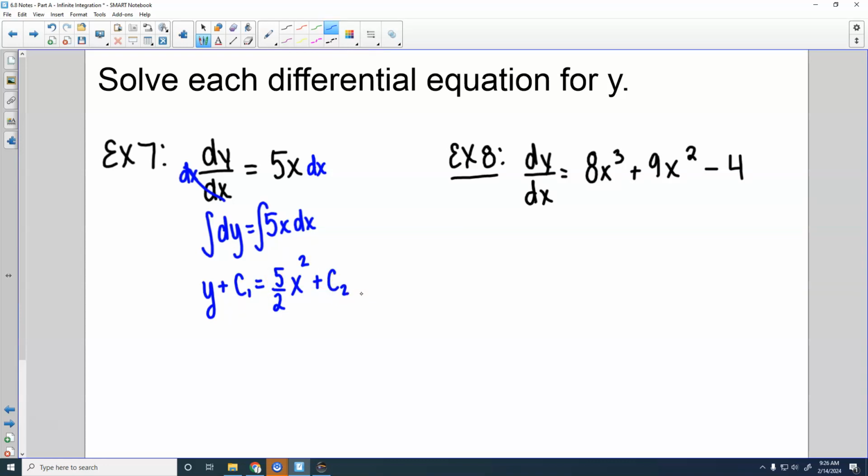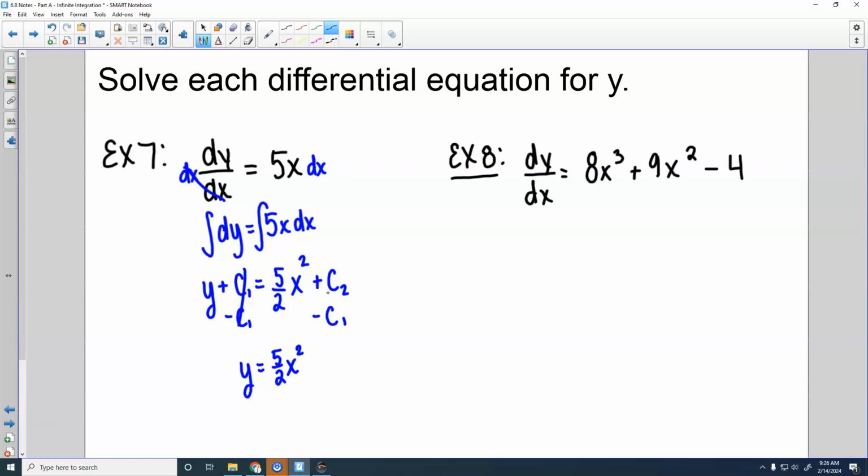Now, c is an unknown value, right? So I don't really like having the two c's there. Would it be okay if I subtracted this c over to the other side? So I got y equals 5 halves x squared. Now, if I have an unknown value and I subtract an unknown value, what is it going to give me?